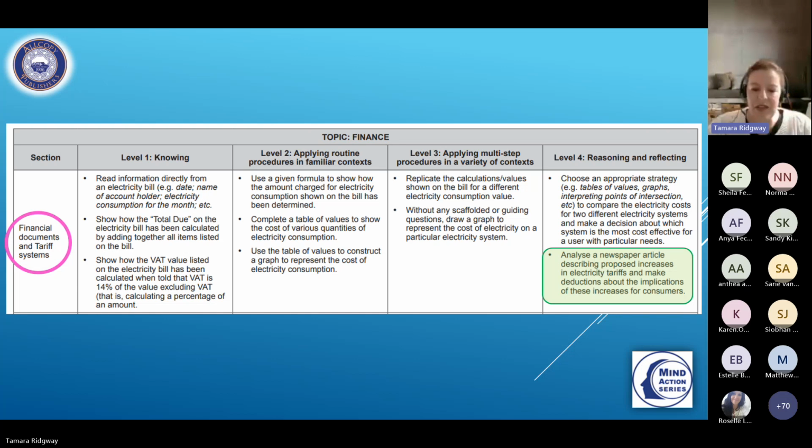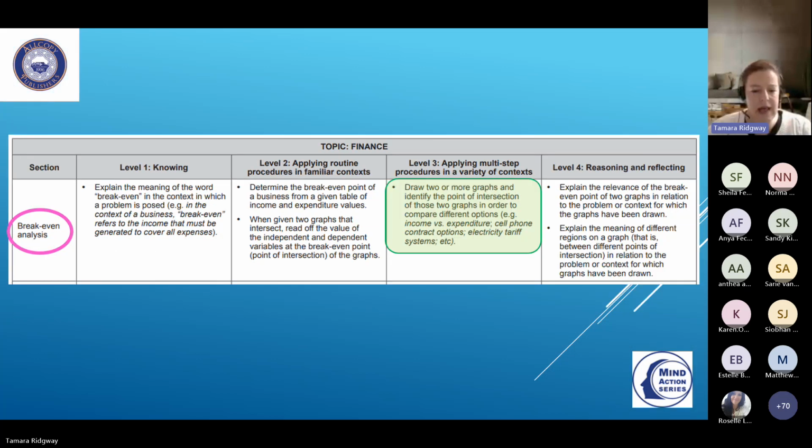So again, it's when you're asking them to form a conclusion based on the tariff and the potential change in the tariff. And so we can see that tariffs really appears in a lot of places in the CAPS document. So it's worth spending the time on, and it's worth making sure that your students understand it.